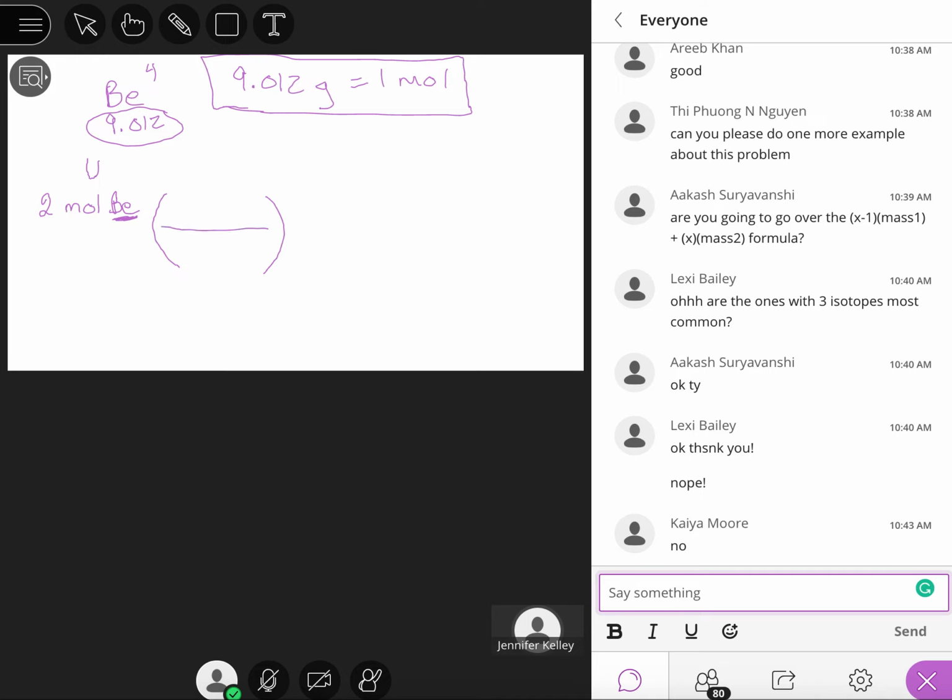So I need to have moles of beryllium on the bottom, so they'll cancel. One on top, one on bottom cancels. And the atomic mass is right here. The moles cancel, and that gives me grams of beryllium in 2 moles.